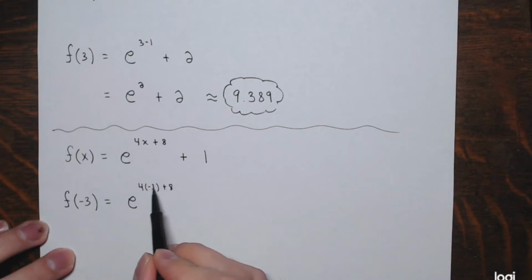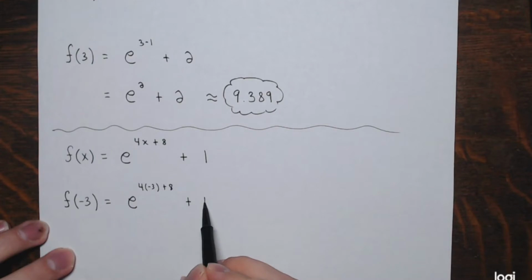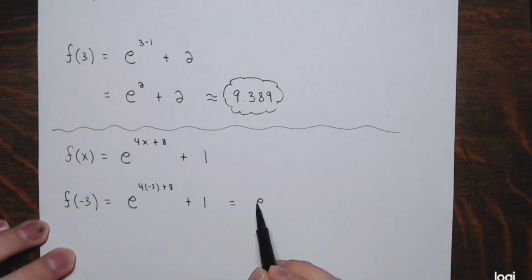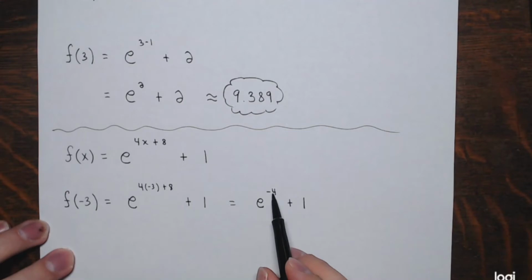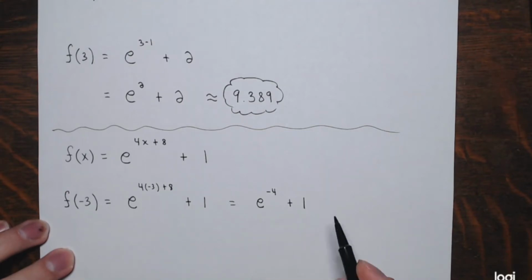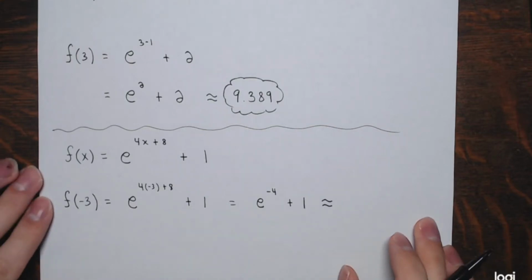And I'll simplify that. And then after that we have plus 1. So this is e to the -4th power plus 1. Right? And that is the output. Whatever e to the -4th power is, plus 1 is the output. But we are asked to, again, round this to 3 decimal places.